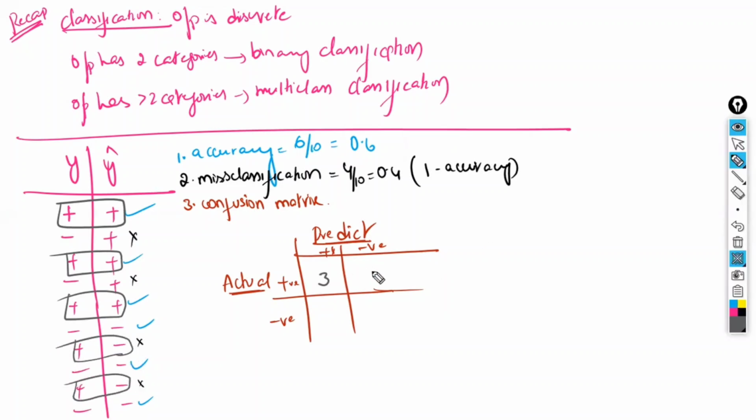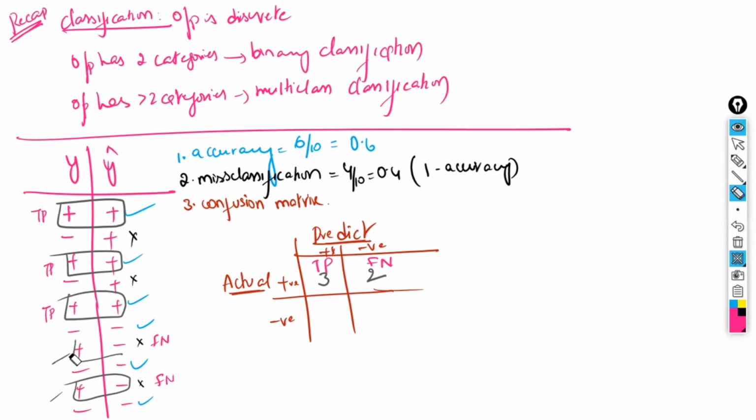These 2 of them, so I'm going to take 2 here. This is called true positive. This is called false negative, because I have predicted negative but it is actually positive. So I'm writing this as false negative, and for these 3 I'm writing TP, TP, TP.